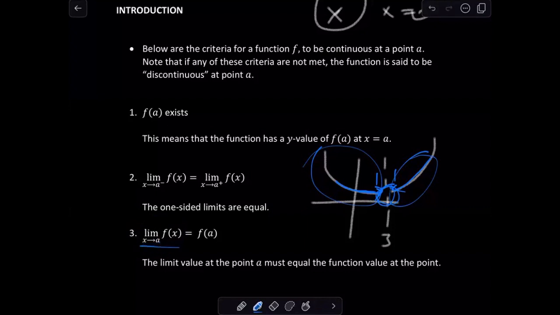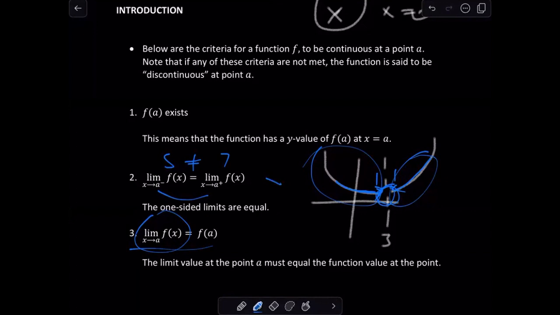And we know from previous lessons that the full limit can only exist if the two one-sided limits are equal. So let me just paint a scenario here quickly. If these two are not equal, let's say that's 5 and that's 7, automatically you cannot get the full limit, right? Okay, so you won't even need to check condition 3. You just have to stop at condition 2.